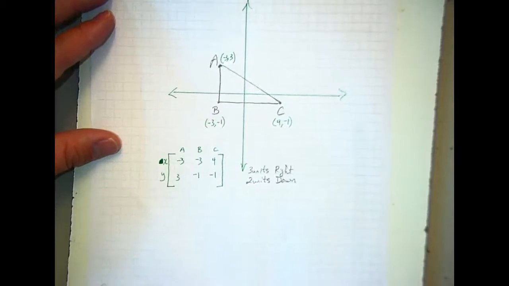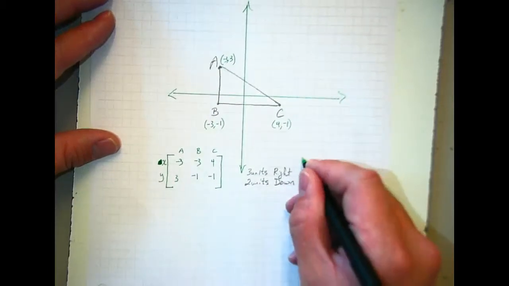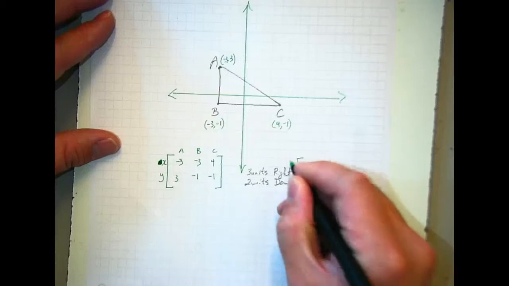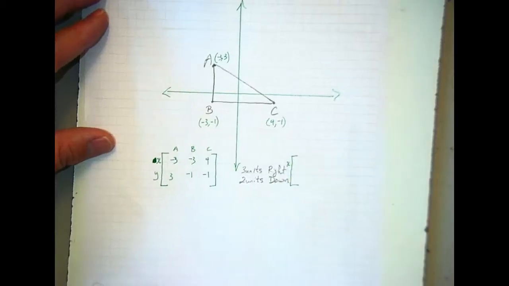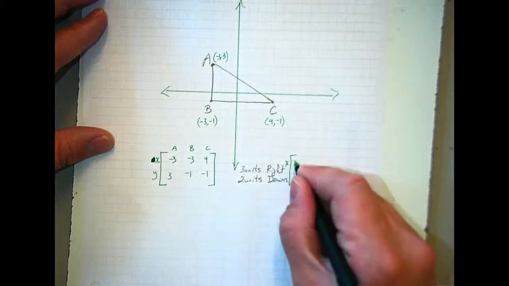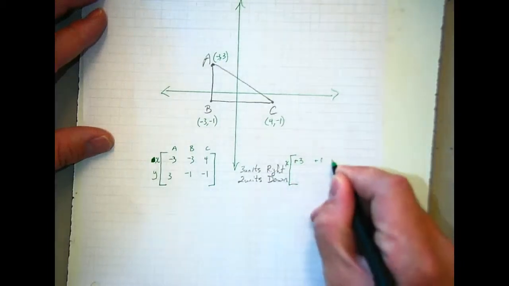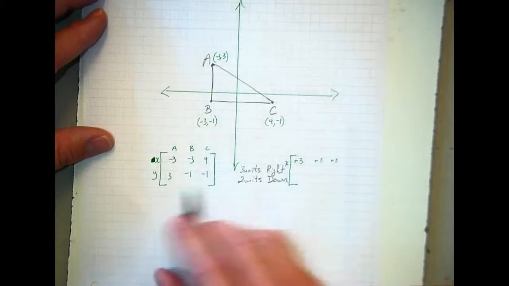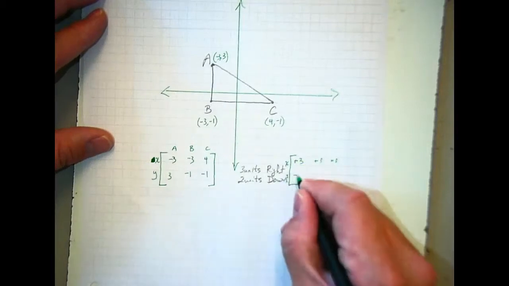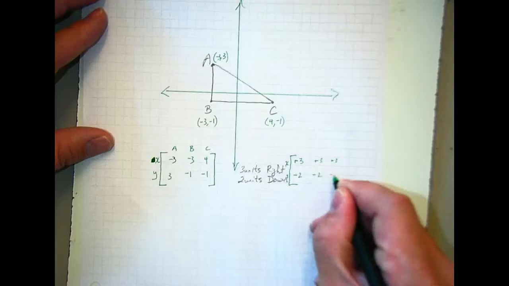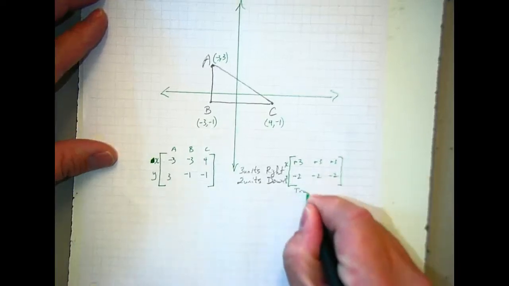Your transformation matrix, if you think about it like that, would be for every x value, I am going 3 units to the right, which is adding 3. So plus 3, plus 3, plus 3. And every y value, I'd be going 2 units down, so minus 2, minus 2, minus 2. Your transformation matrix is a really boring matrix.